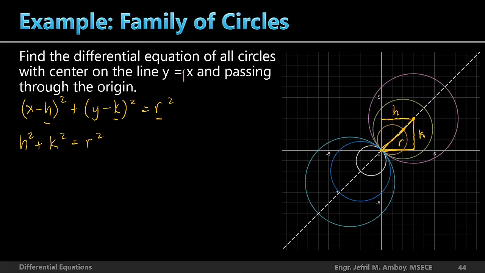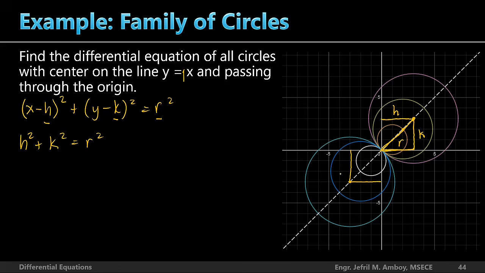No? So whether your h, for example, for this circle, the center is here. So the value of h here has a negative sign and the value of y or k here has also a negative sign. But in our equation, we square both h and k.